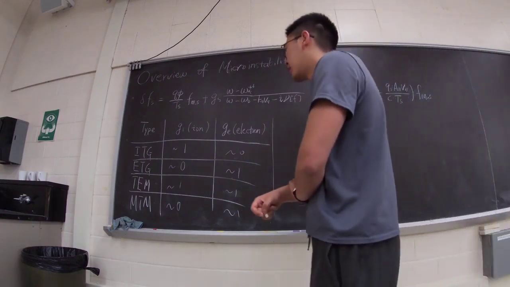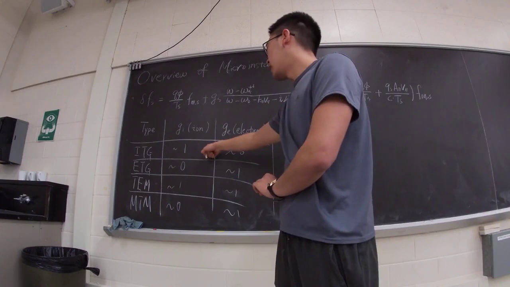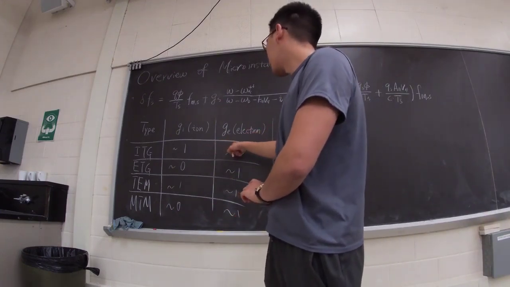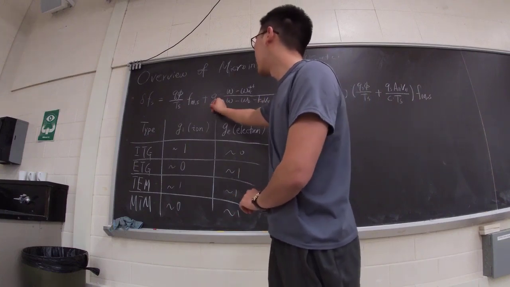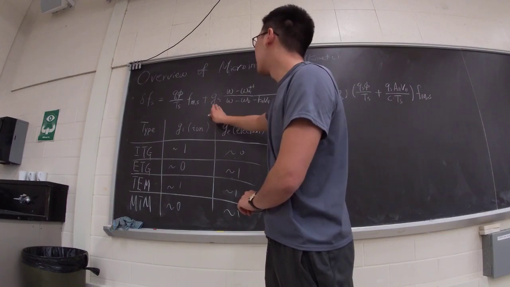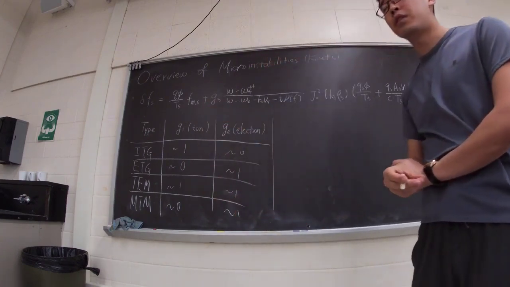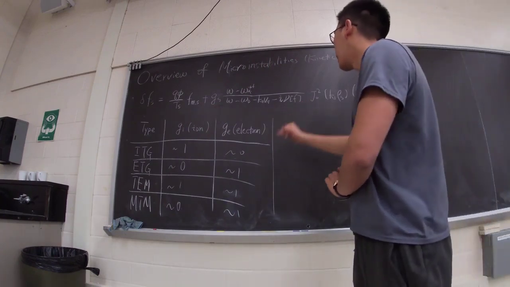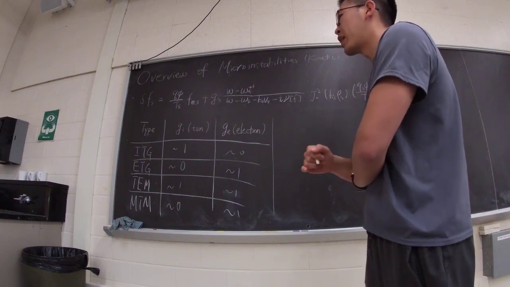So in general, as far as I'm concerned, ITG is mostly ion driven, and the electron is mostly adiabatic. So the G_s I artificially added here, which is just a number, indicates how much portion will be contributing non-adiabatically.